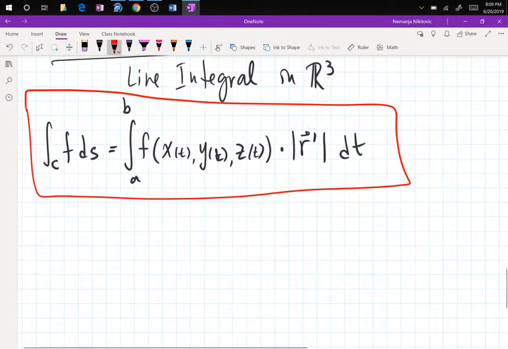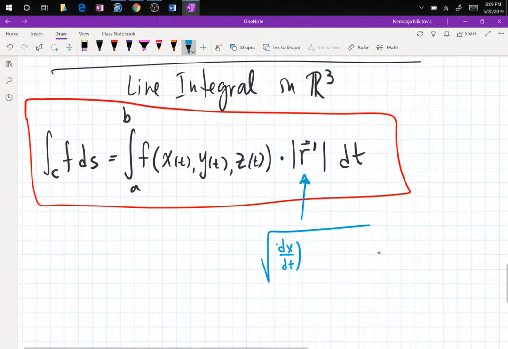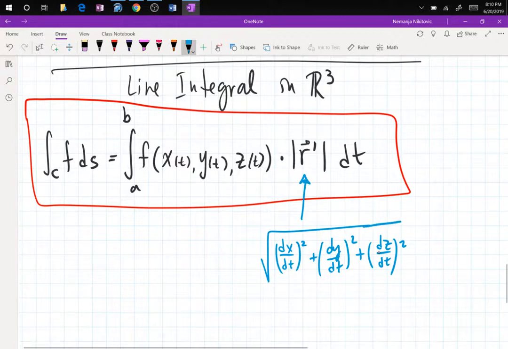But still possible. And your r prime magnitude is the square root of dx/dt squared plus dy/dt squared plus dz/dt squared. That will be the calculation for r prime.